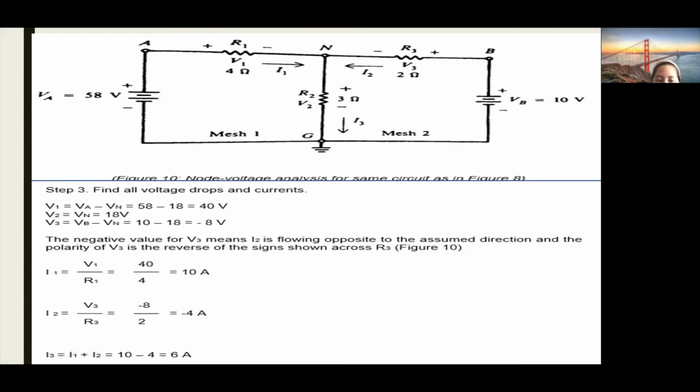Given the amperes, I3 is equal to 6 amperes.